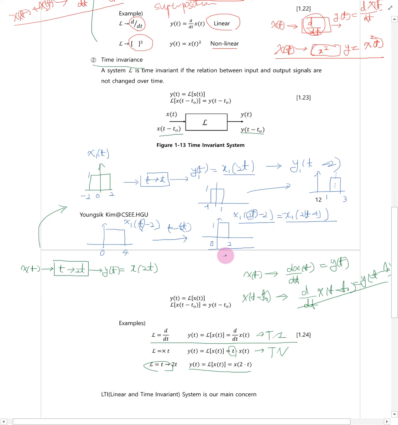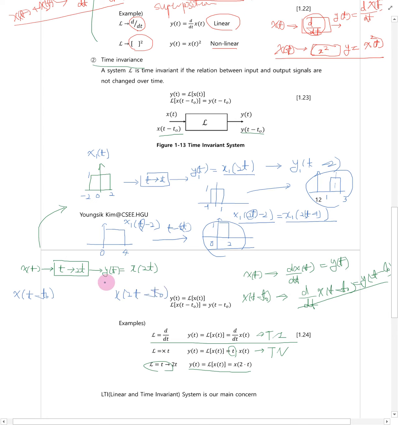So this one is not equal to this one, which means it's not time invariant, it's time variant. It's obvious that if we try t minus t0, then the output will be x(2t minus t0).